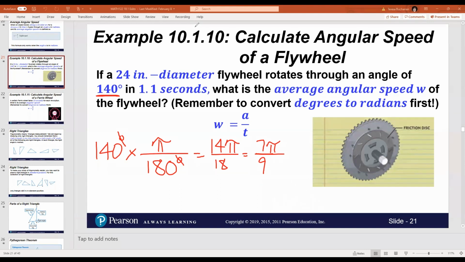Because distance divided by time should give me a speed. So my angular speed would have to be the 7 pi over 9, which is the A, the angle, divided by the 1.1 seconds. So go ahead and try that, see what you see happening, and I will do the same here.